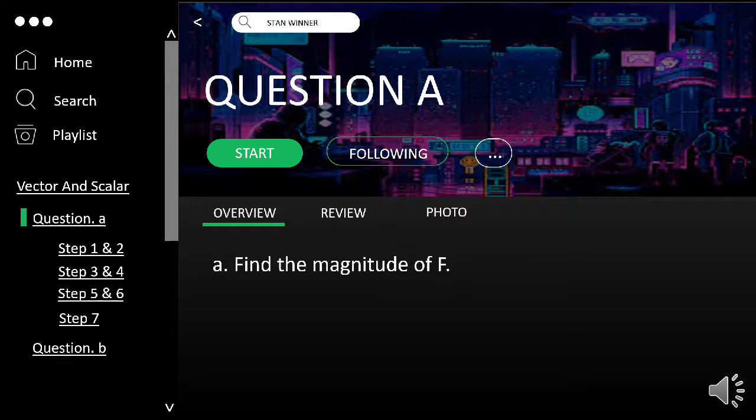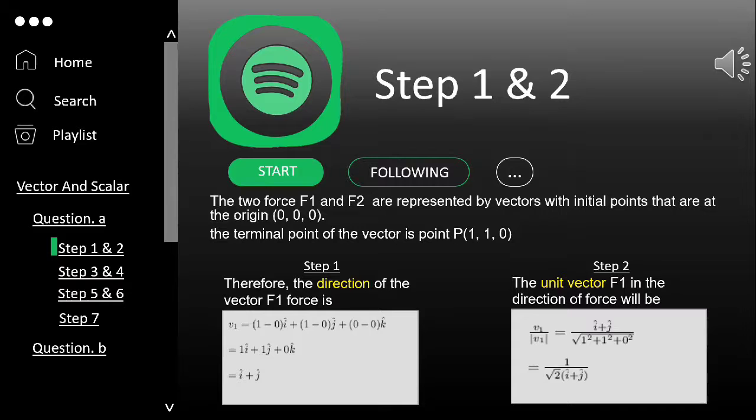Question A. Find the magnitude of F. The first step, the terminal point of the vector is point P(1, 1, 0).